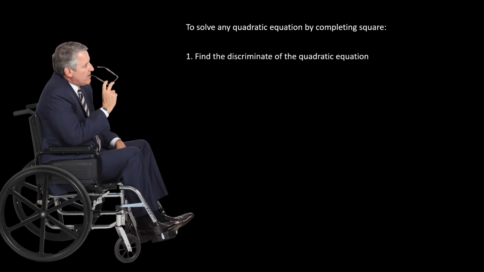Number one, you have to find the discriminant of the quadratic equation to know how many solutions you have. This is the formula of the discriminant: b² minus 4ac. Actually, we have three cases for the discriminant. If the discriminant is bigger than 0, meaning it is a positive number; if the discriminant equals 0; and if the discriminant is a negative number.